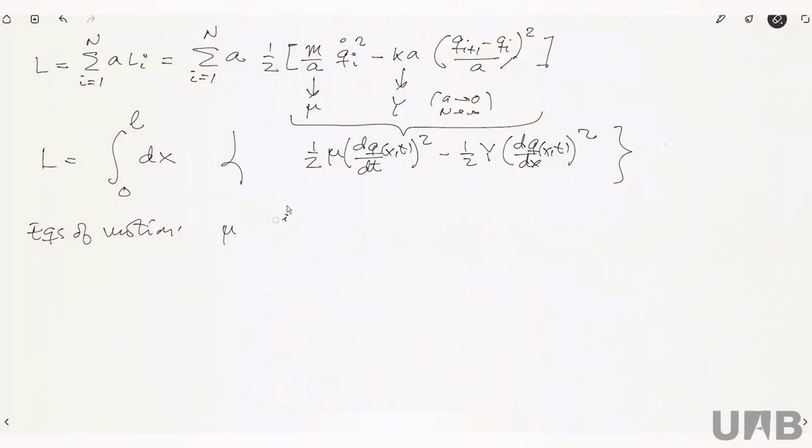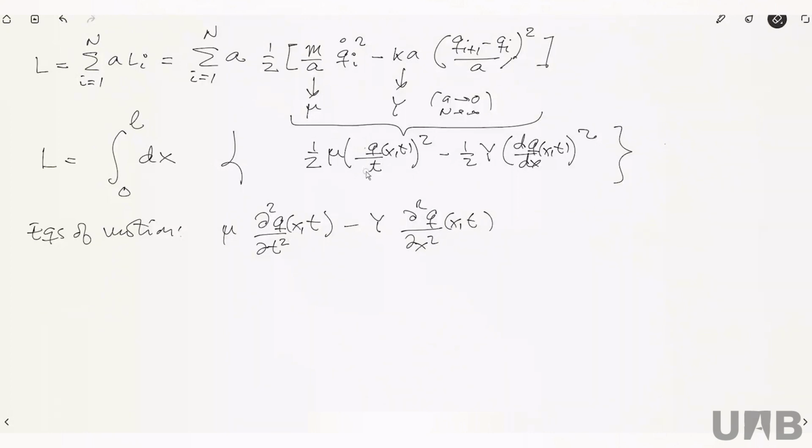I'm going to just change notation here. The second derivative of q with respect to t, a function of x and t, minus Young's modulus times the second derivative of q with respect to x, of x and t, equals 0.